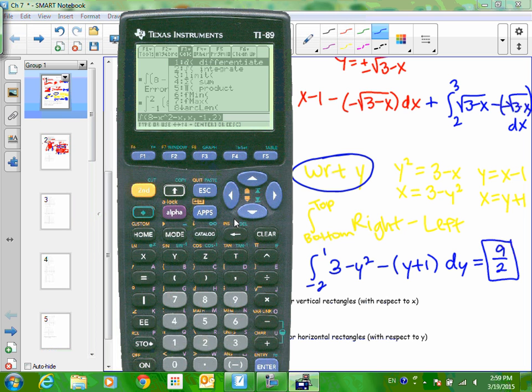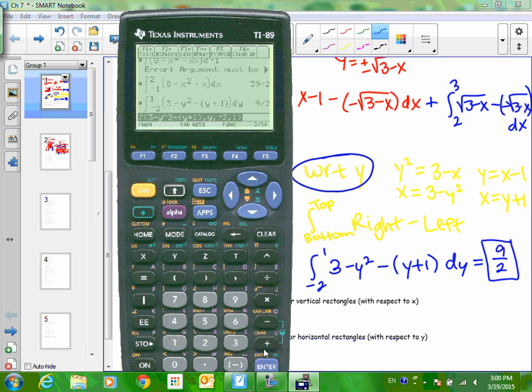So F3 integrate, we're going to go 3 minus y squared, minus parenthesis y plus 1. Okay, after this, we're going to have comma y, comma -2, comma 1.